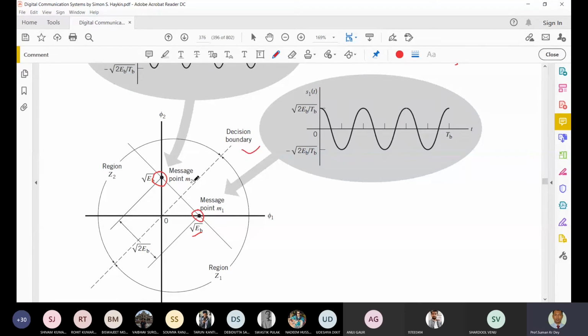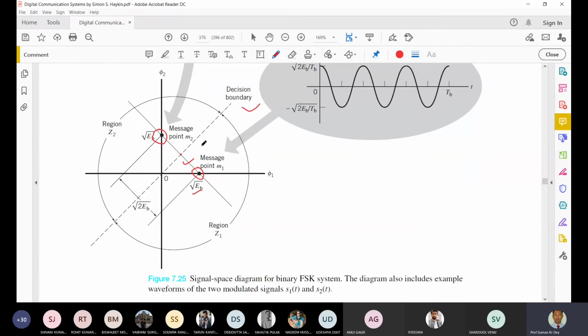There is one way to draw the decision boundary. We need to connect these two points through a straight line. Now if we draw a perpendicular at the middle point of these 2 points, the dotted line shows this middle point, and it is perpendicular to this line, so that will give us the decision boundary.